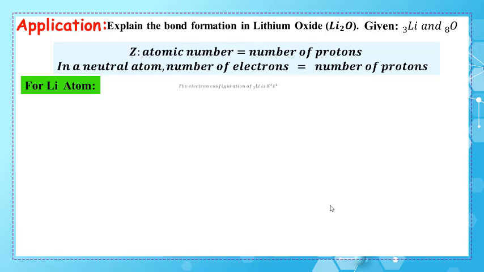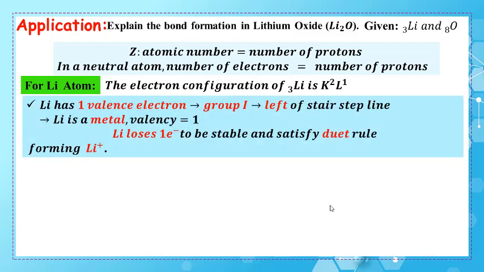For lithium atom, the electron configuration of lithium is K2L1. Li has one valence electron, then it is in group 1, which is to the left of the stair-step line. Then Li is a metal, and the valency is equal to 1. Then Li tends to lose one electron to be stable and satisfy duet rule, forming Li+ ion.